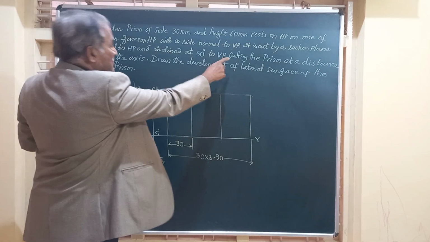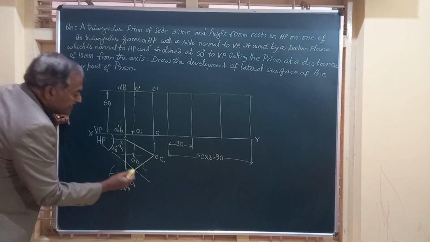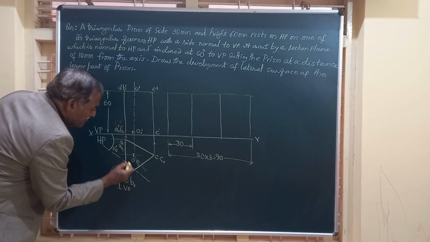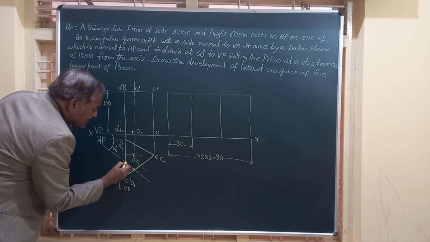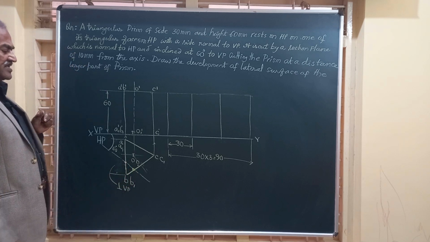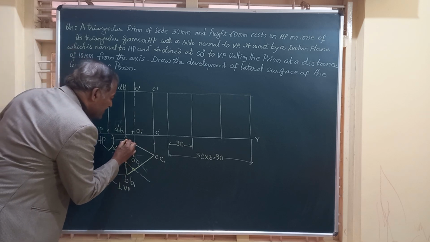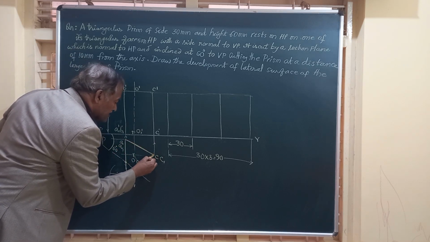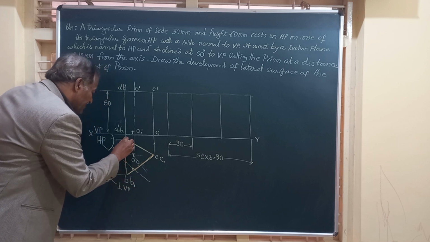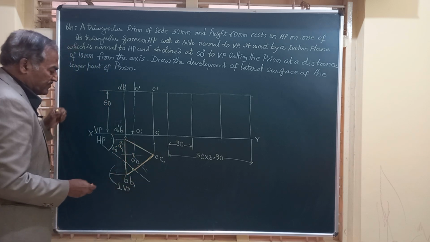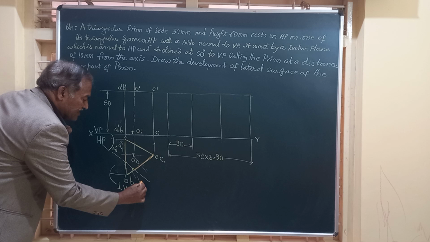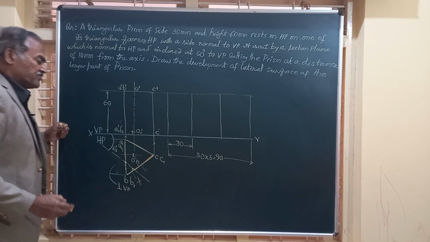You can see here VP, and it is cutting this solid. So these are the two places where it is cutting the solid. And very obviously, we are going to retain this part for the purpose of development of the lateral surface. So this smaller part is thrown away.